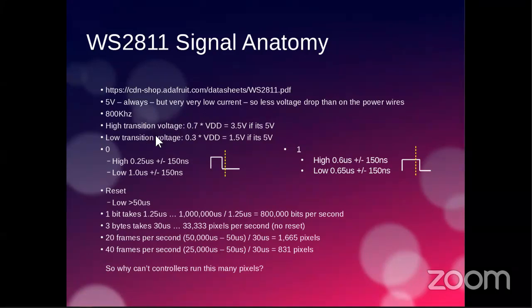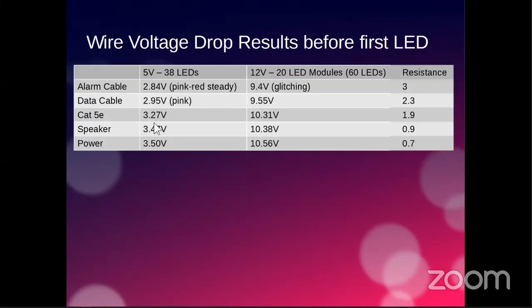And this becomes really, really important because when you've got 5 volt pixels, you'll notice how the 5 volt pixels didn't glitch, but the 12 volt pixels did. And the reason for that is as the voltage goes down as it lands on the first pixel, the signaling voltage, the voltage that the pixel needs to determine whether something is high or low, also decreases proportional to this voltage drop.